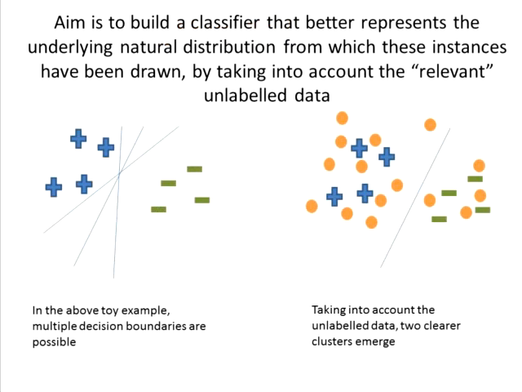Now let me give you probably an easier visual explanation. If you look at this distribution here, you can see that there are multiple decision boundaries that are possible when I don't take the unlabeled data into account. Now if you move on to the second image here, you see that all these orange blobs are the unlabeled data, and when I take these into account, you can probably see those two clusters emerging.